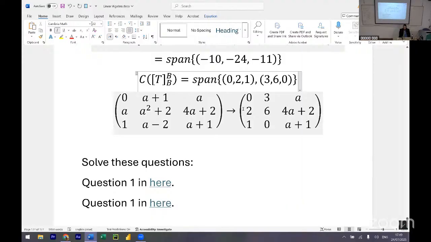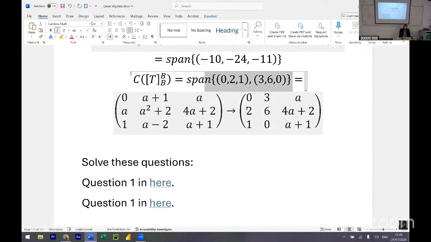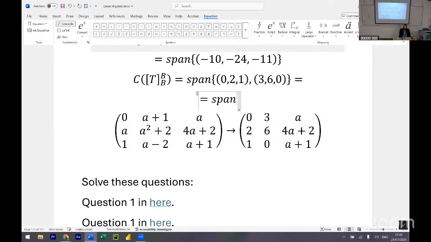I won't. I will for the next step. Remember, these are the coordinates of the space we actually wish to find. 0 2 1 and 1 2 0.